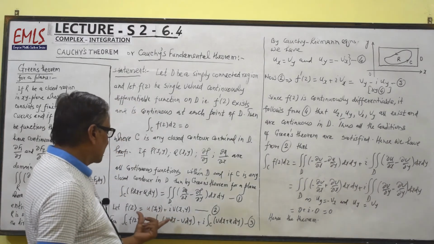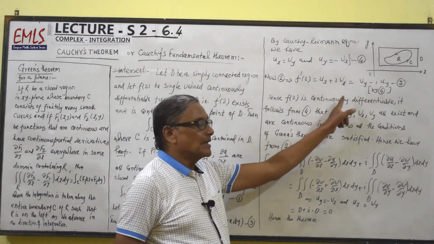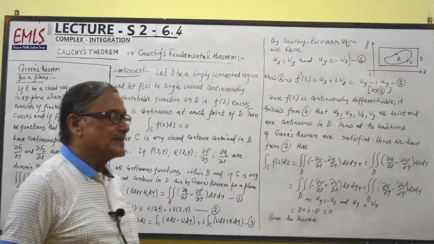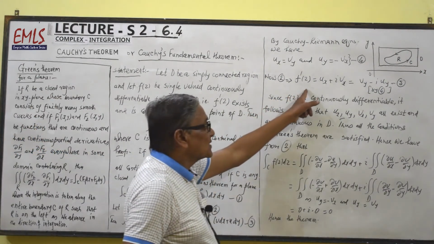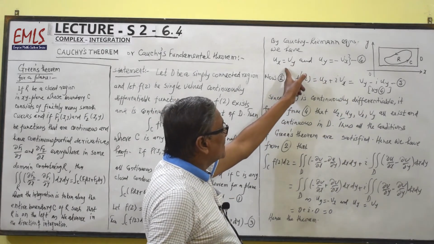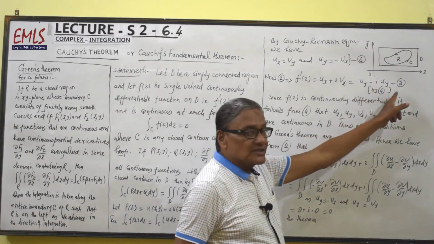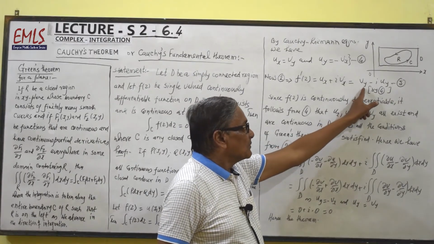From 2, its derivative f'(z) we can write as u_x plus i times v_x. This is also an established result. We can write f'(z) in terms of partial derivatives with respect to x as u_x plus i v_x, and by using the Cauchy-Riemann equations, u_x will be v_y and v_x will be minus u_y. So in terms of partial derivatives with respect to y, this will be equal to v_y minus i u_y.